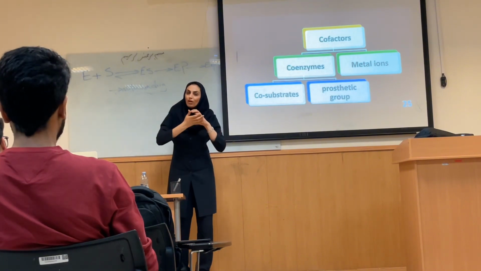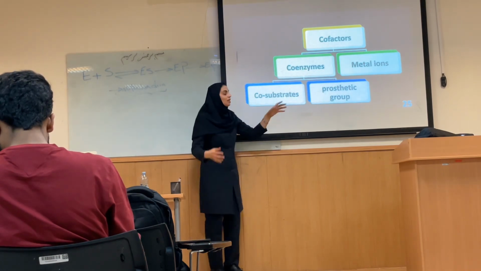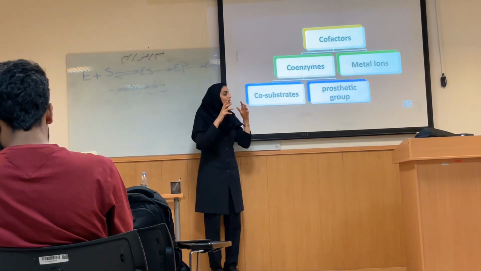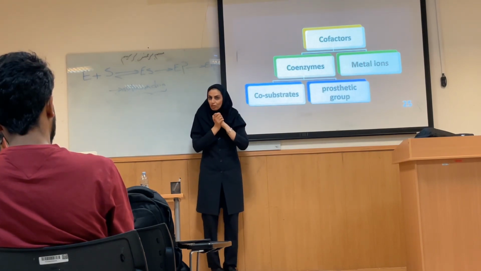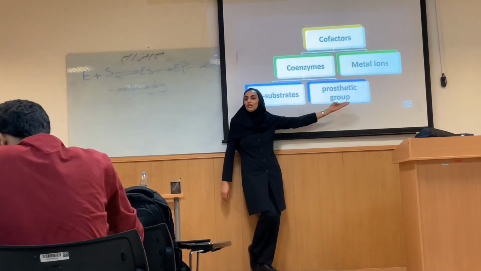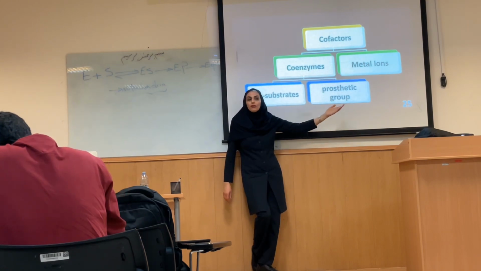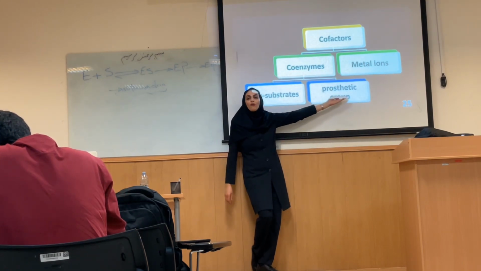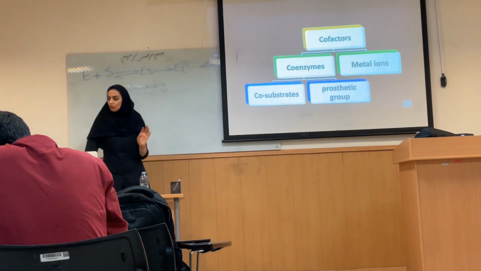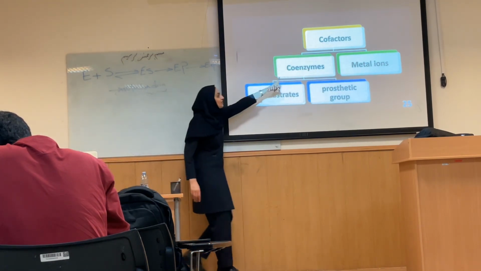It is necessary for enzyme function, for the substrate coming, but it's not connected covalently with the enzyme, and it is not naturally part of the enzyme structure. But for a prosthetic group, for example, we have an enzyme called cytochrome oxidase. They have heme. The heme is their prosthetic group. This was the difference between prosthetic group and co-substrate, both of which are coenzymes.